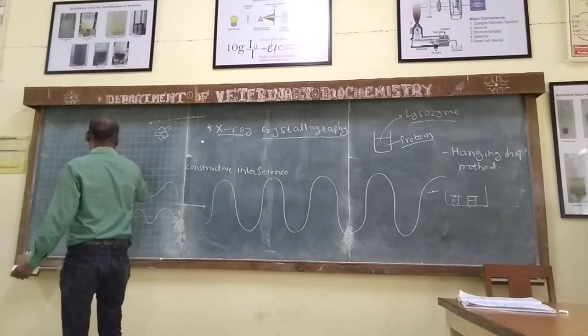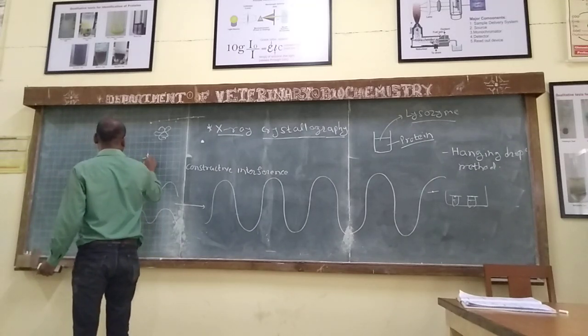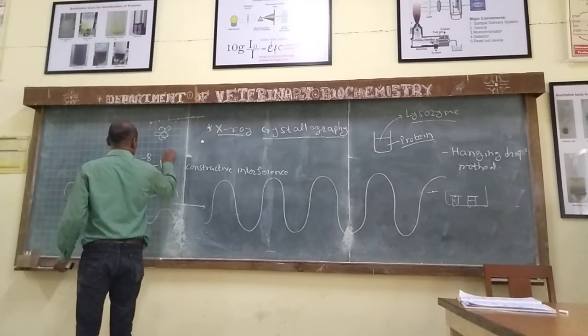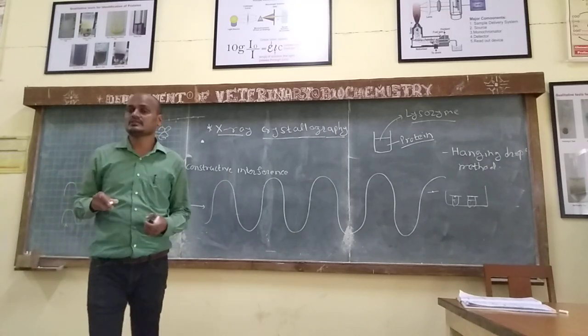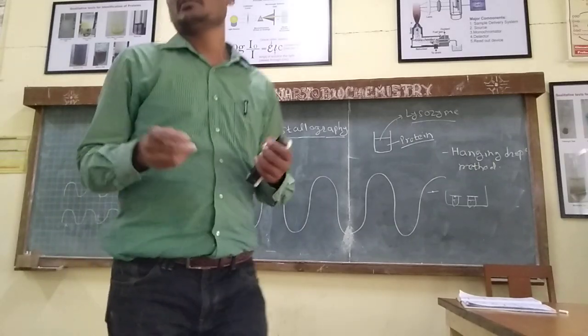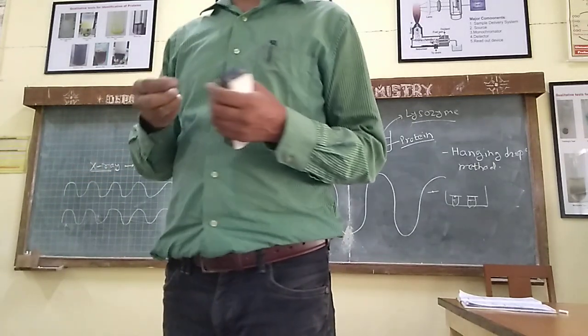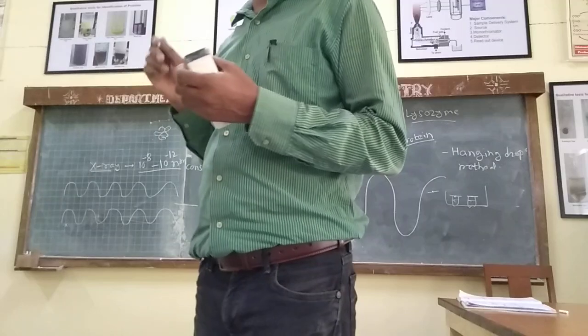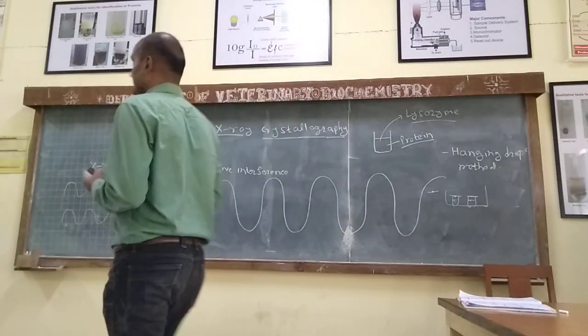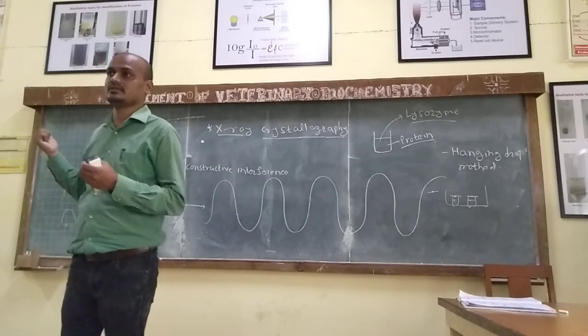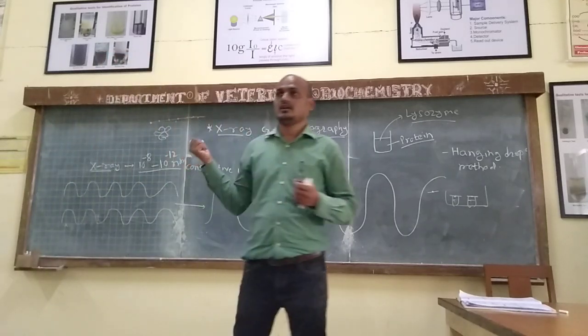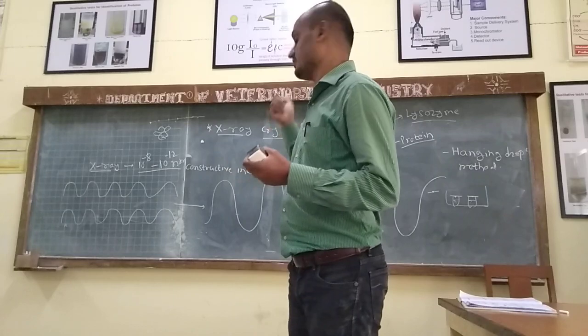X-ray has a wavelength in the range of 10 raised to minus 8 to 10 raised to minus 12. When we say 10 raised to minus 1, it is like 0.1. And for 10 raised to minus 8, that many zeros we have to give after the point, around 7 zeros and then 1.